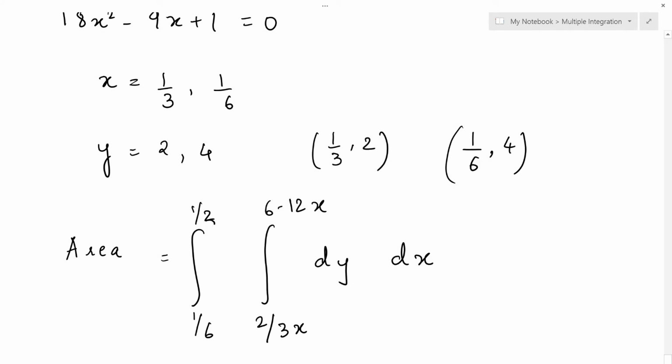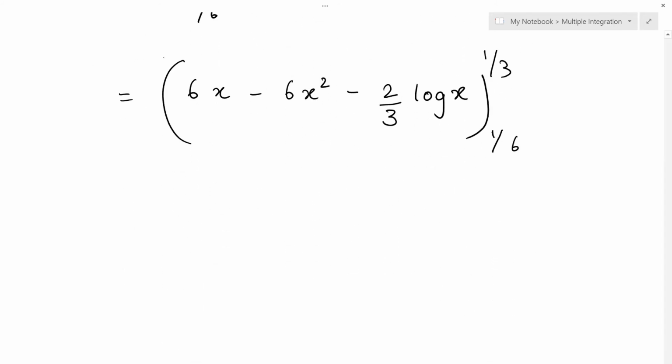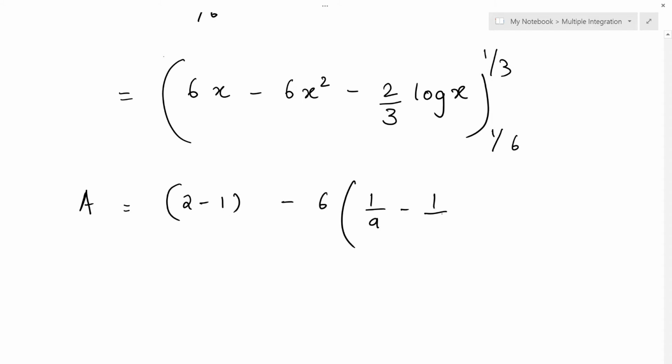Here it is 1 by 3 because your x value was 1 by 3, so the upper limit is 1 by 3. Let's substitute the upper and the lower limit and simplify later. So that will be 2 minus 1, this will be 1 by 9 minus 1 by 36, and this will be 2 by 3 times log of 1 by 3 minus log of 1 by 6.